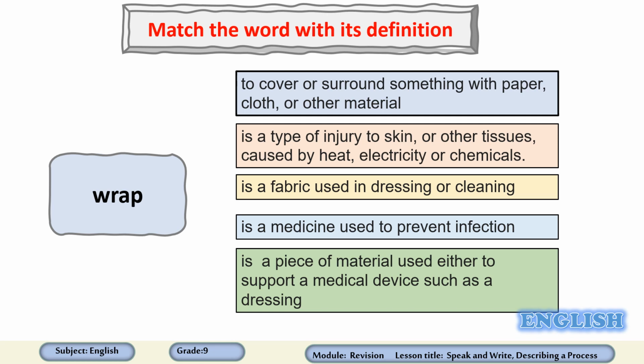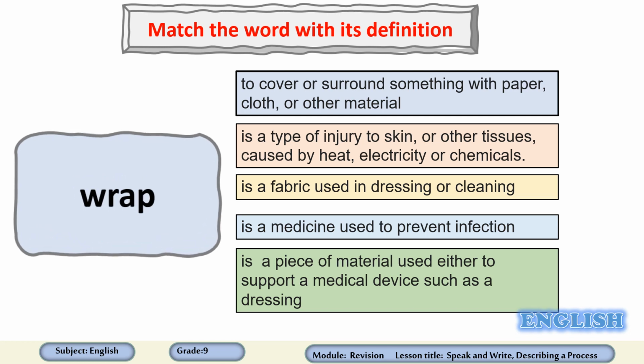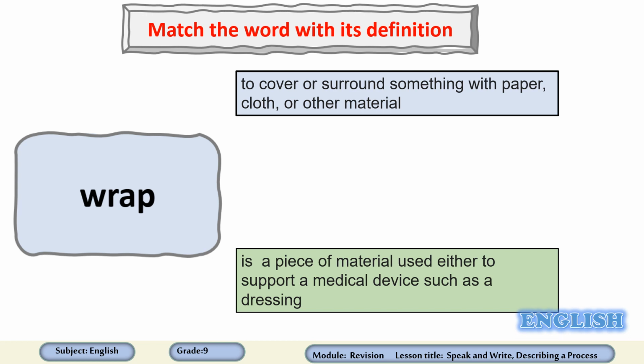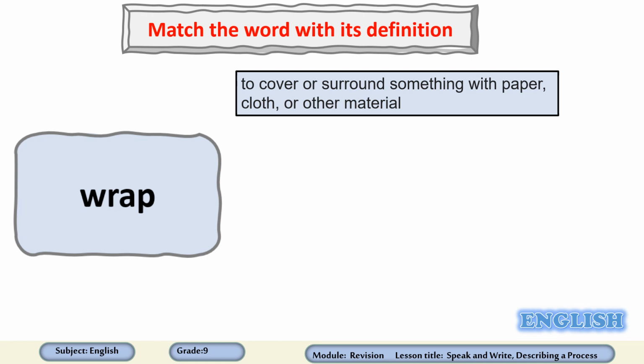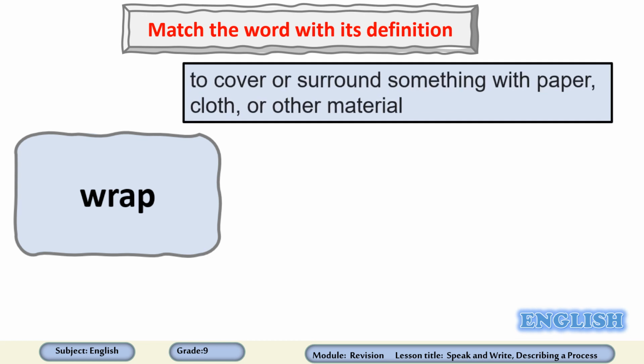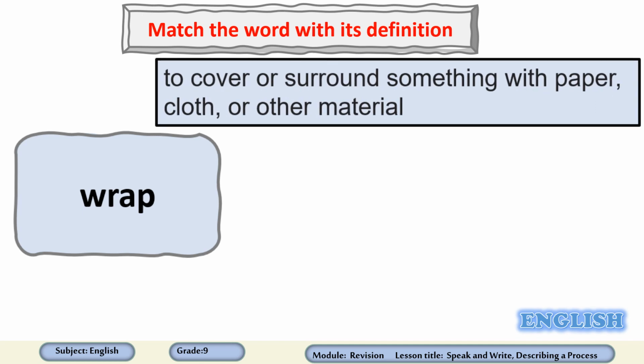The fourth word, wrap. Wrap is a verb, so look for a definition that begins with a verb. Excellent. To cover or surround something with paper, cloth, or other material.